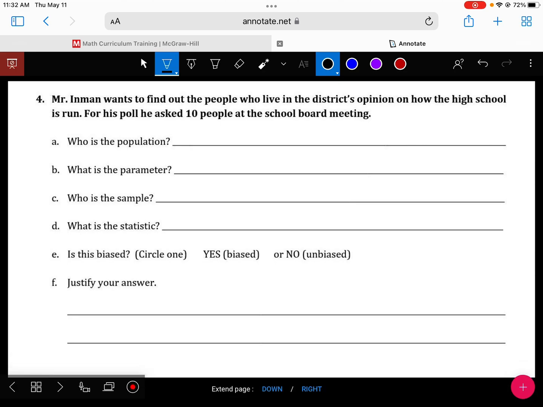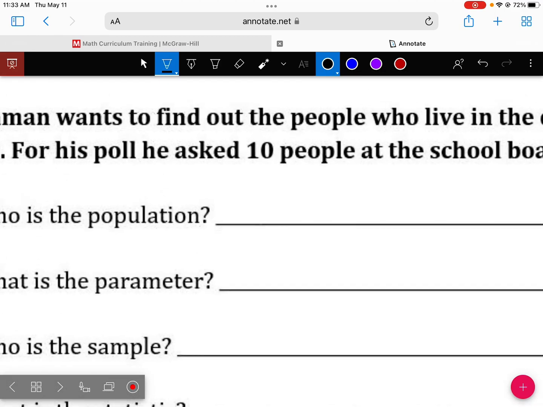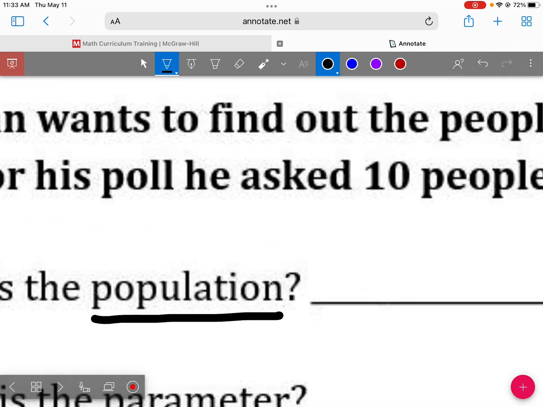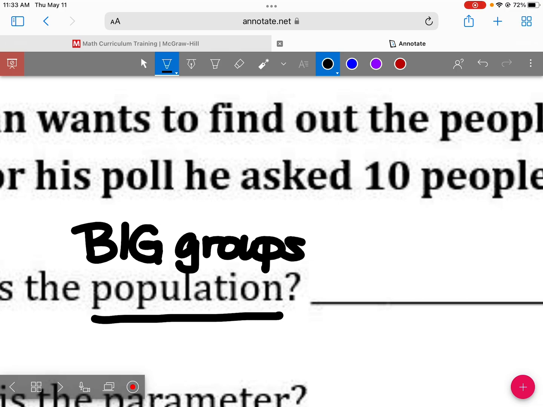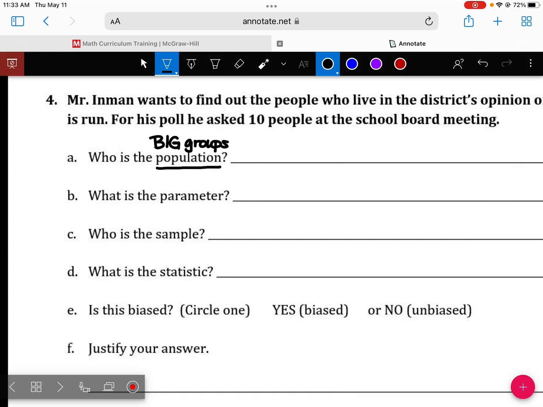Mr. Inman wants to find out the opinion of the people who live in the district on how the high school is run. For his poll, he asks 10 people at the school board meeting. The population is the big group whose opinions we really want. Mr. Inman is interested in whose opinions?